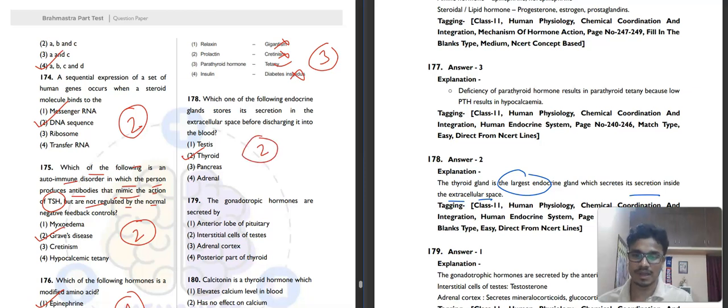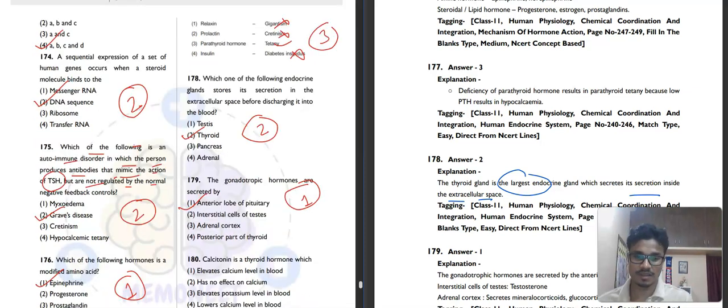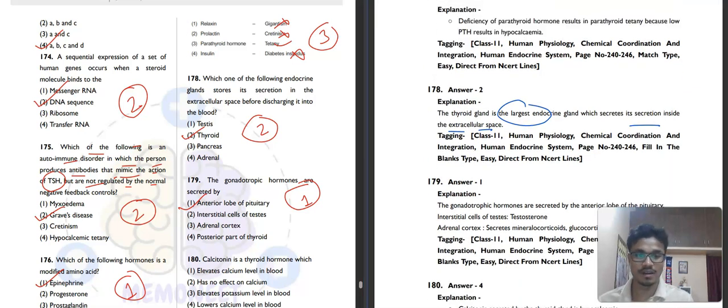Question number 179. The gonadotropic hormones are secreted by the anterior lobe of the pituitary. Okay, first option. Here the interstitial cells of the testis secrete testosterone, and the adrenal cortex secretes mineralocorticoids, glucocorticoids and sex corticoids. You know that.